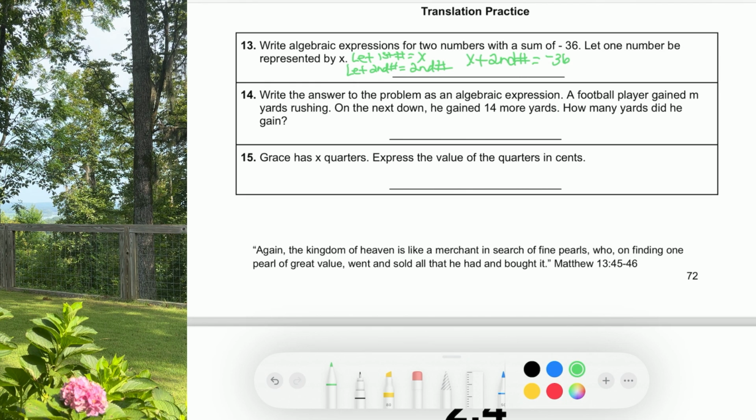Our answer will be an expression. But right now we're trying to figure out what that expression is going to be. So what I need to do is get the second number by itself. So I need to get the x on the side with the negative 36. So I'm going to subtract x.